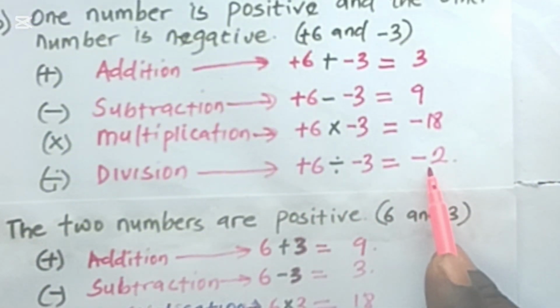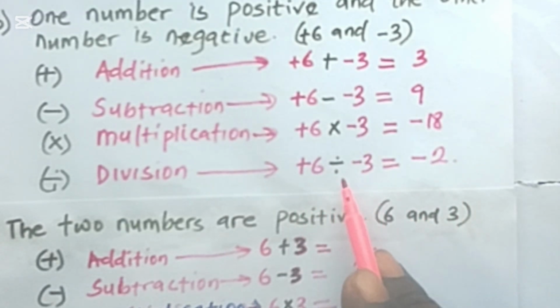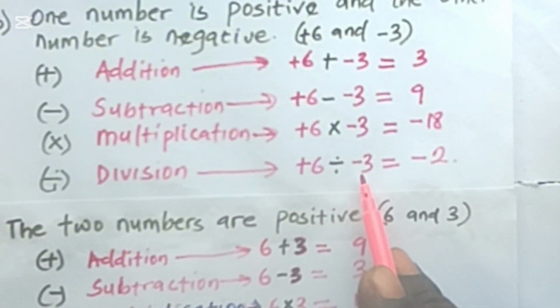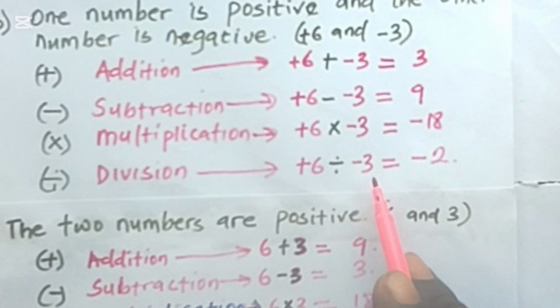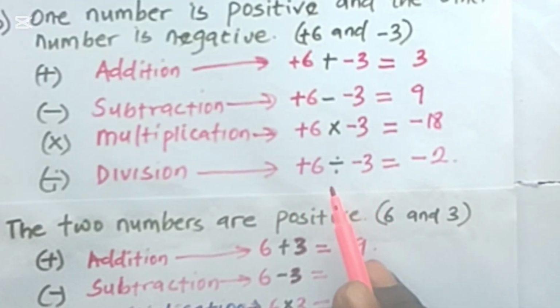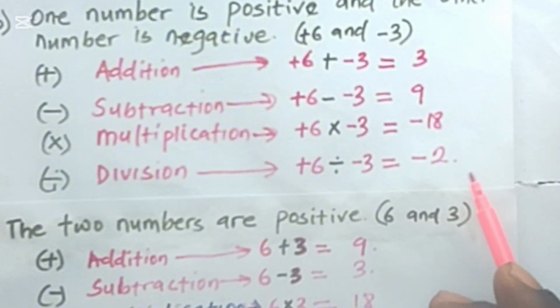You can see that our final answer is carrying a minus sign at the front, showing that it is a negative number. So when a positive number is being divided by a negative number, the answer is -2. And mind you, if it is turned around and it is a negative number that is being divided by a positive number, the answer will still be -2.